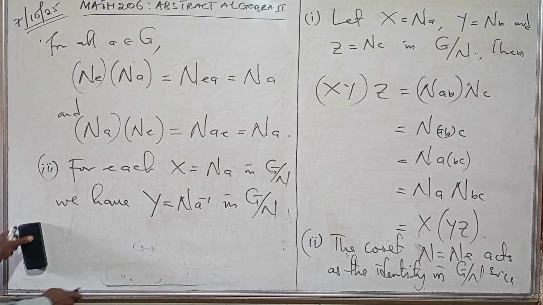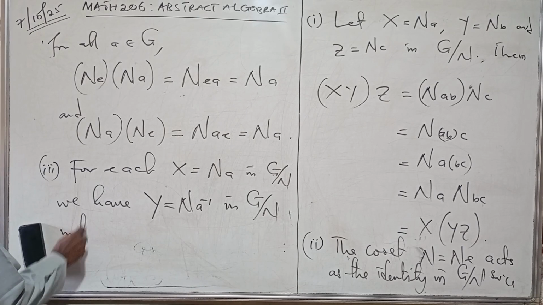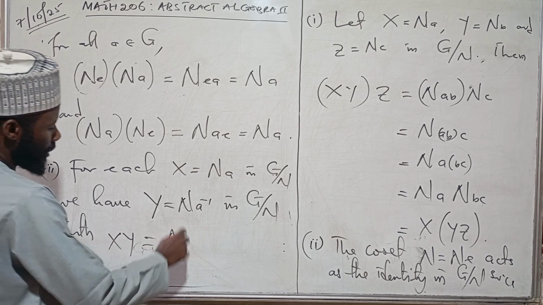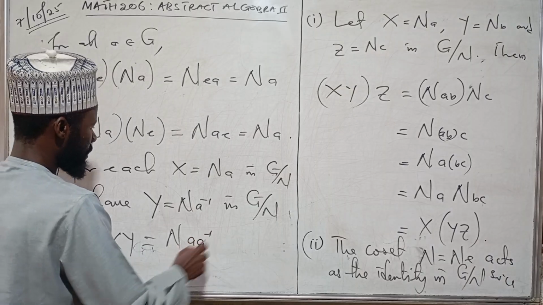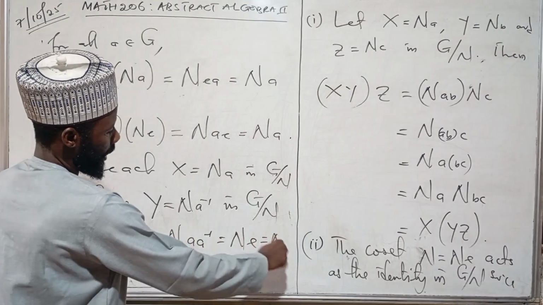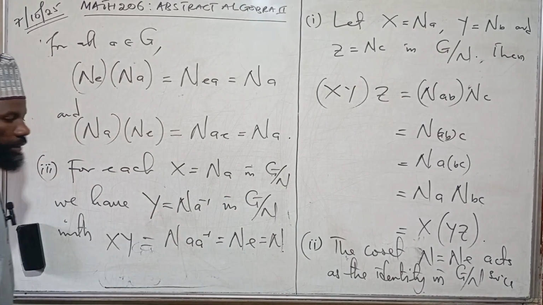With this property, x times y would be equal to Na inverse if you do the product, but that is Ne, which is N, the identity that you have identified.